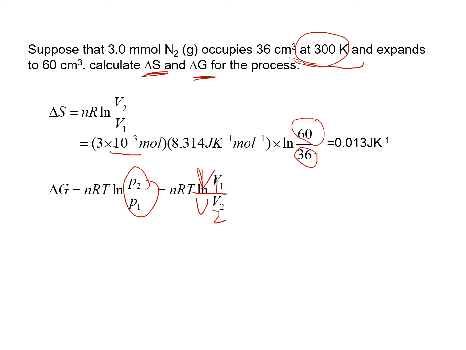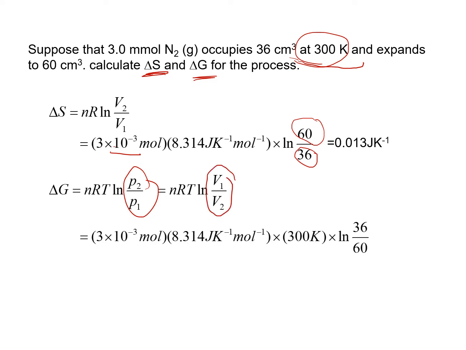That's why you have V1 over V2 due to Boyle's law. So plug in the volume: V1 is 36, V2 is 60, and RT. That gives you negative 3.8 joule.